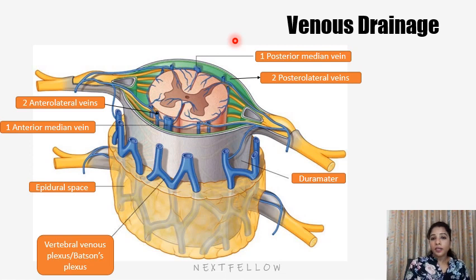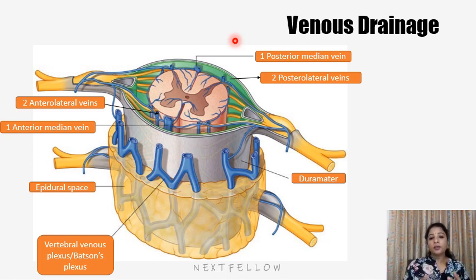The veins drain into the internal vertebral venous plexus or Batson's plexus, which further drains into radicular veins, and radicular veins drain into segmental veins, that are the vertebral veins and posterior intercostal veins, lumbar veins, sacral veins. All these communicate with the intervertebral venous plexus.